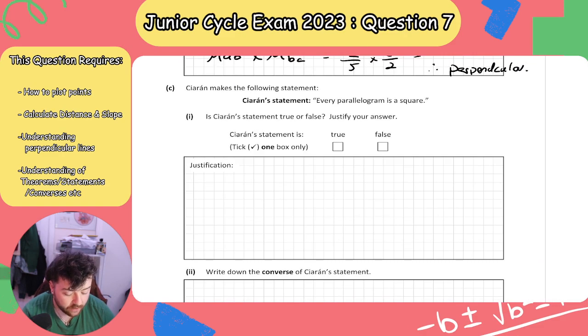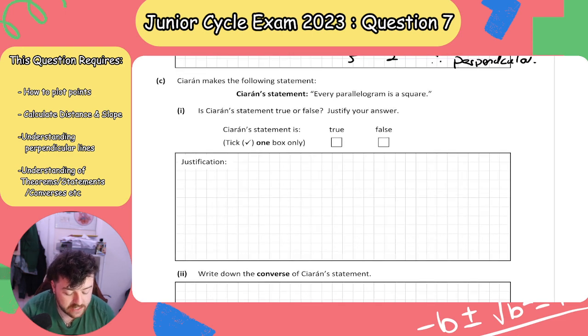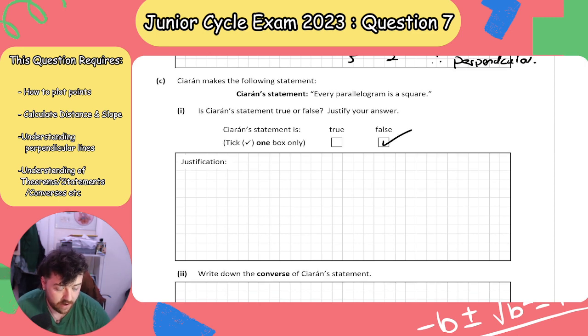Part C now. Kieran makes the following statement: every parallelogram is a square. Is Kieran's statement true or false? Justify your answer. Well, every parallelogram is a square. That is false, right? Because a parallelogram can also be a rectangle.